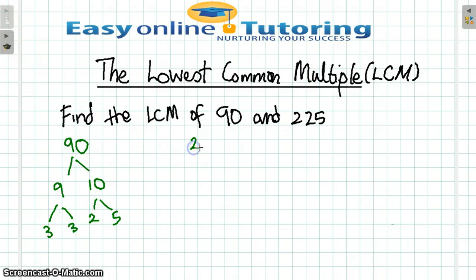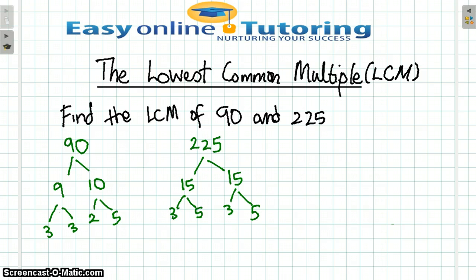And we do the same for 225, which I know is equal to 15 times 15. So we have all the prime factors for 90, and then we have all the prime factors for 225.